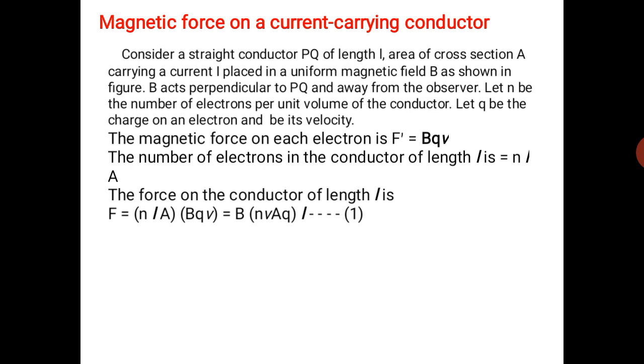Here in that conductor there are N free electrons per unit volume, and the total number of free electrons is N times L into A. So the force is NLA times the force on a single charge, which is QvB.